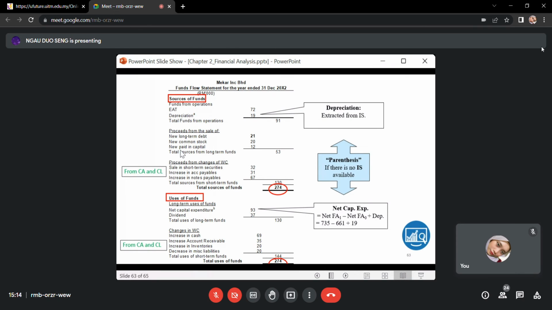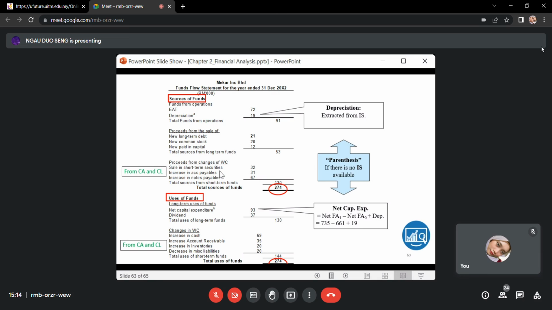All right, then we have the proceeds from sales of, right? You have the new long-term debt, right? Common stock, and then we have paid-in capital. Then this one we have from the current asset and the current liabilities, right?